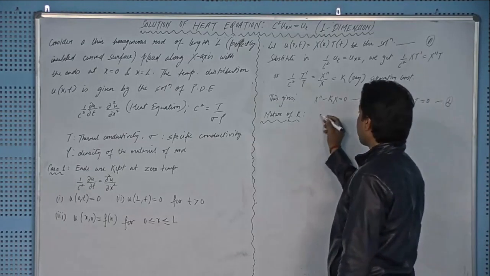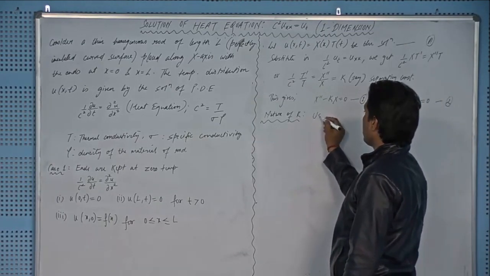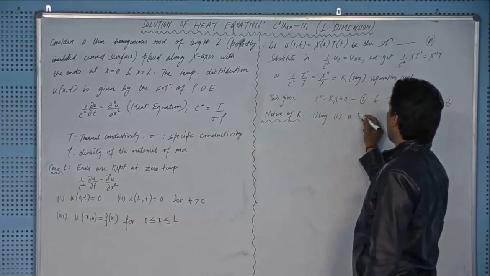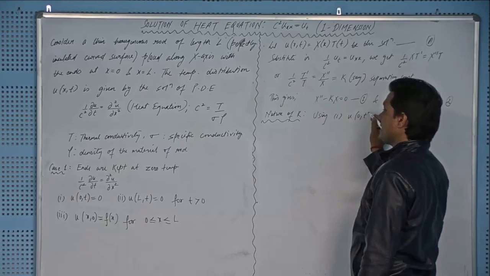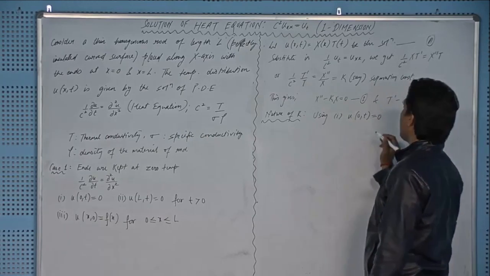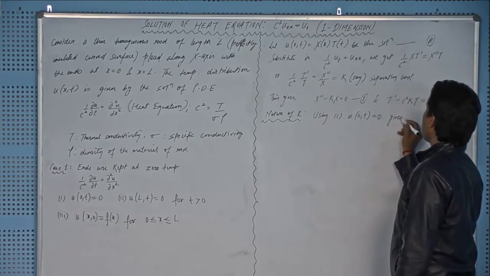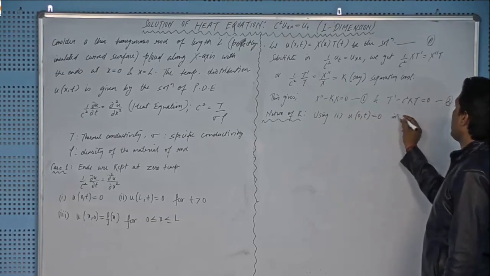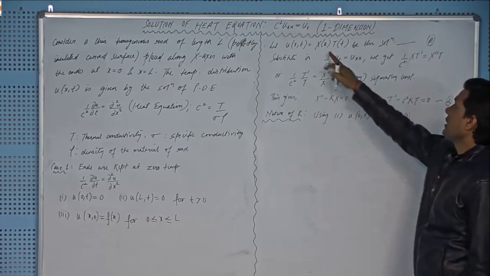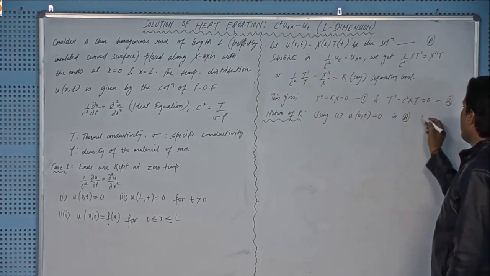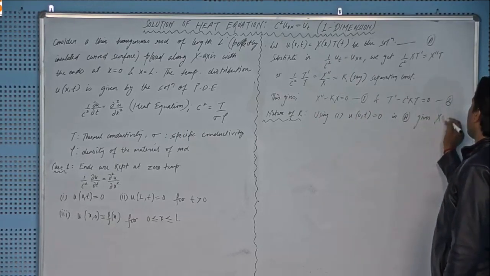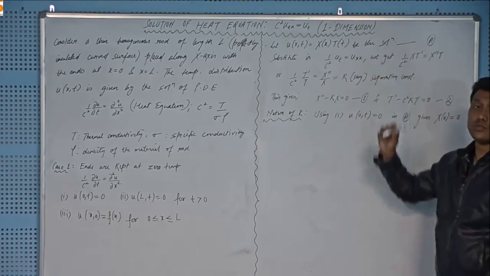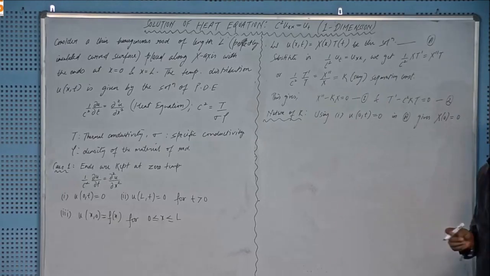So first, using first condition, u(0, t) is equal to 0 gives, using this in A, that will give me X(0)T(t) equal to 0, and that will produce X(0) equal to 0. And notice that you cannot take T(t) equal to 0 because that will give me a 0 solution, right?